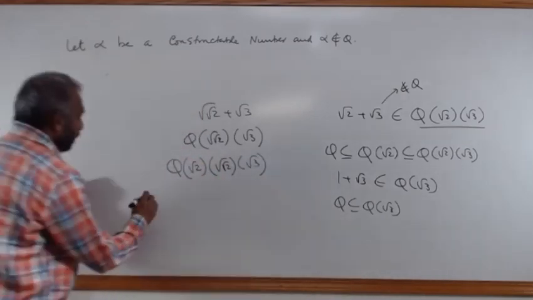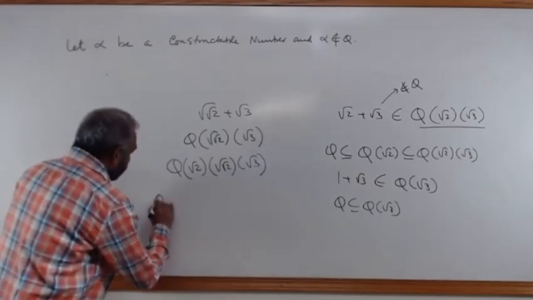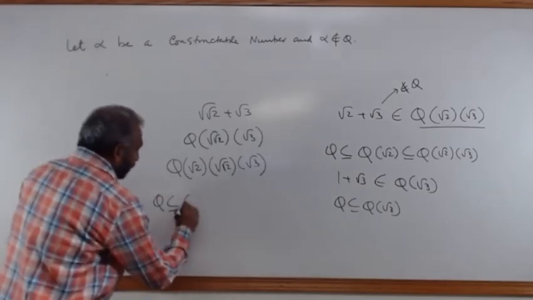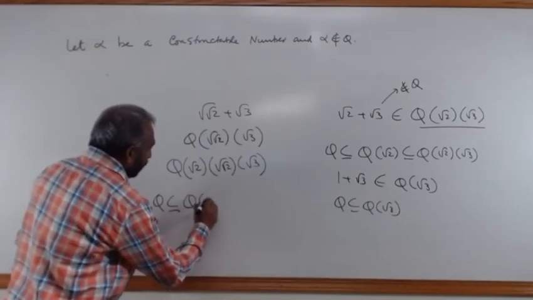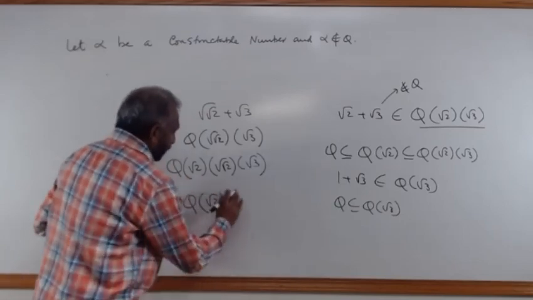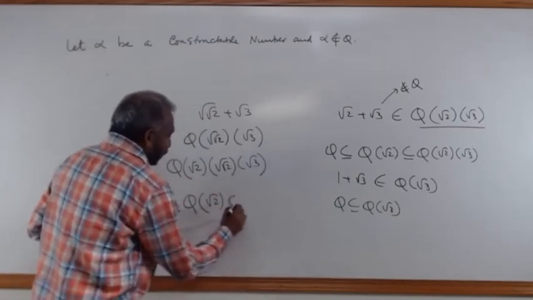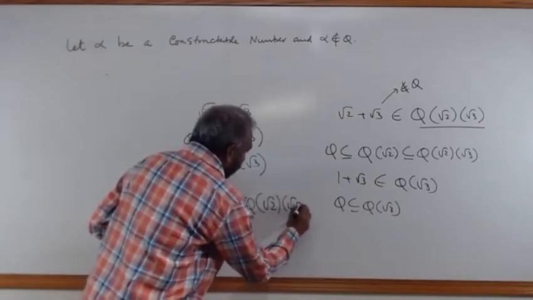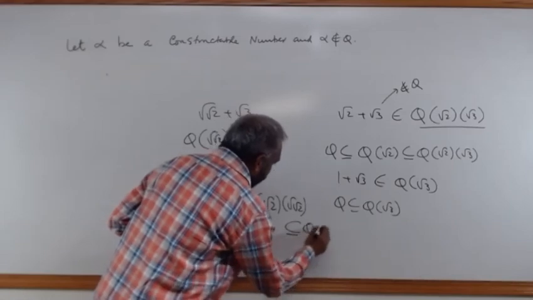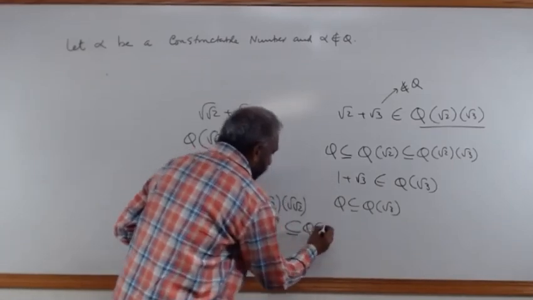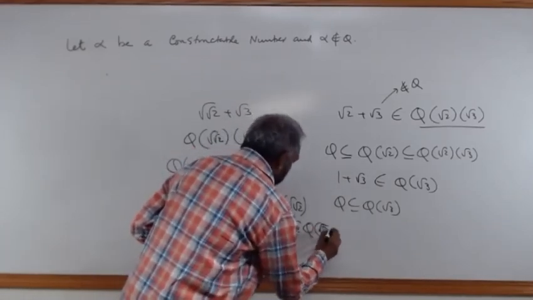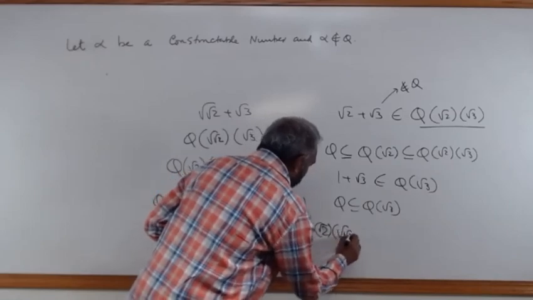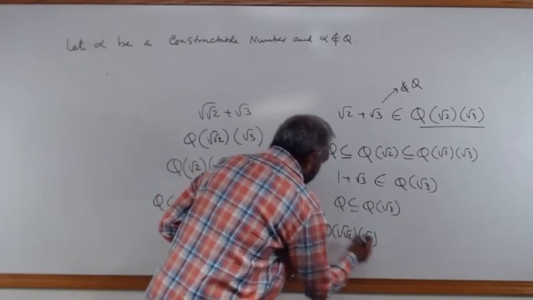So Q is contained in Q of root 2, which is contained in Q of root 2, root 2, which is contained in Q of root 2, root of root 2, root 3.